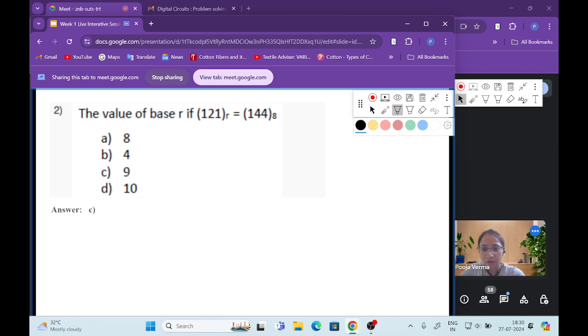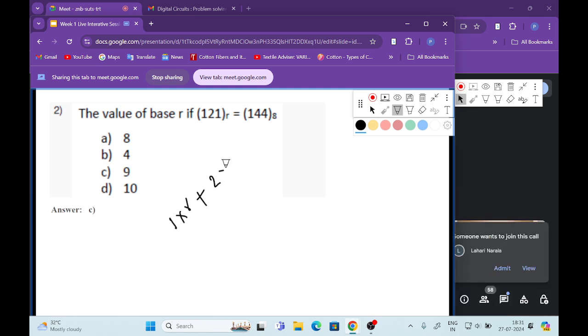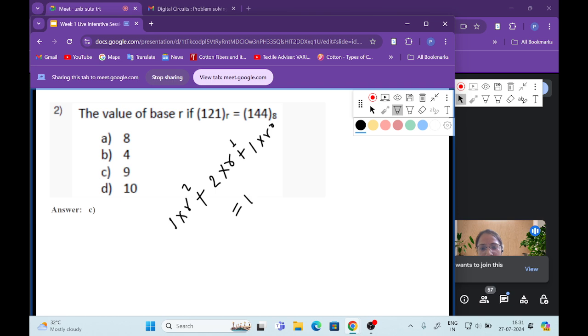So the next one is 121 base R is equal to 144 base 8. What will be the value of R? So let's solve this question. As you know, 1 into R to the power 2, then 2 into R to the power 1, plus 1 into R to the power 0, is equal to 1 into 8 to the power 2, plus 4 into 8 to the power 1, plus 4 into 8 to the power 0.